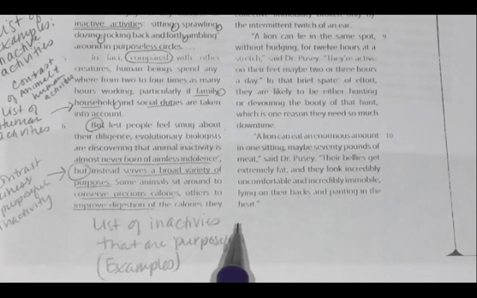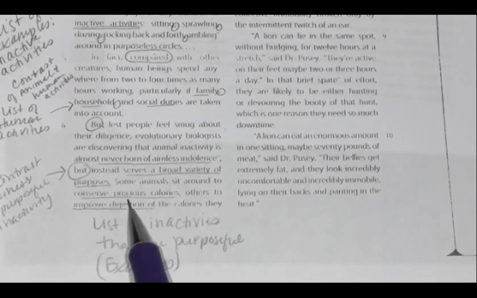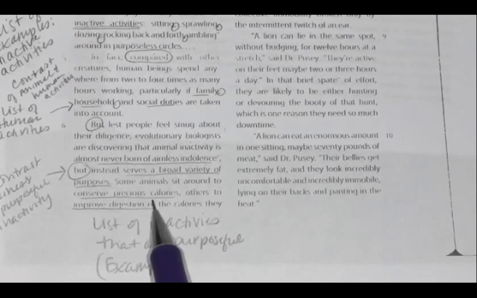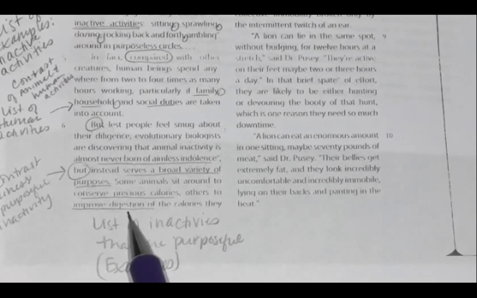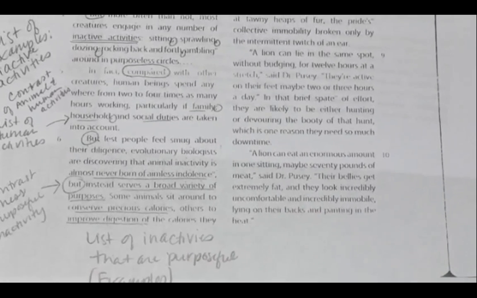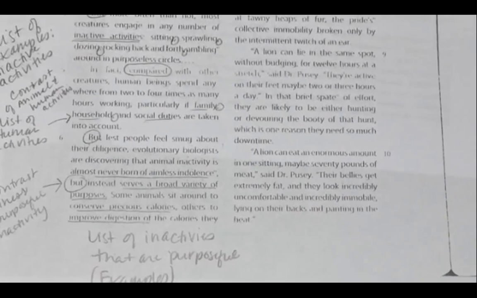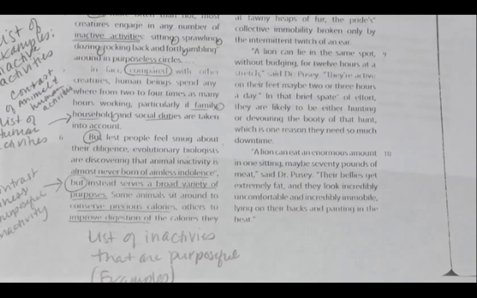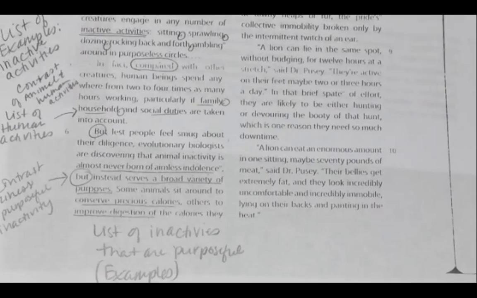The reason why they're laying around is to conserve calories, it says right here, right? Or to improve digestion, or to stay cool, or to stay warm, or to be camouflaged, or to guard their territory, or to prevent being eaten. So those are the reasons why animals lay around a lot. They're not just being lazy, they're protecting themselves. They're doing it so they can survive.